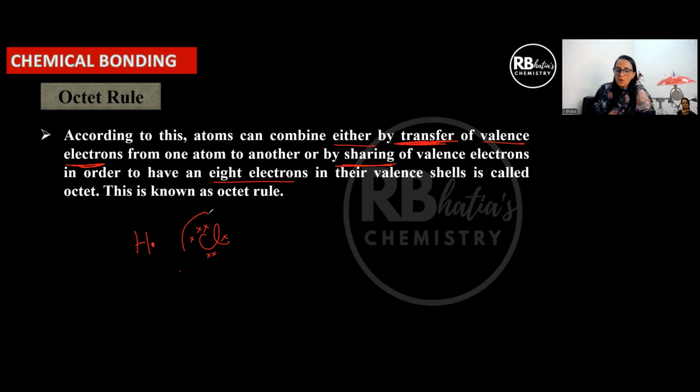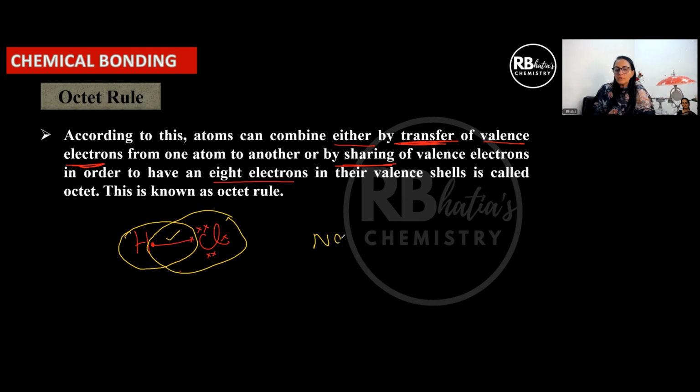This one is short of 1, and this is also short of 1, because hydrogen wants to complete its duplex and this wants to complete its octet. So they mutually share these electrons such that each now has the advantage of the electrons of the other. This is called mutual sharing of electrons. This is going to form a covalent bond. Mutual sharing, each contributing 1, and this pair is now a property of both.